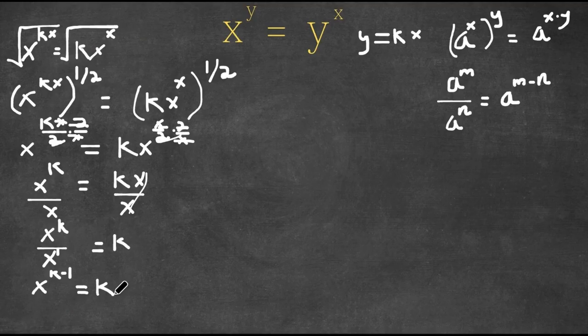Now I'm going to take the power of 1 over k minus 1 on both sides. By doing that, this would cancel out. And over here, we'd have k to the power of 1 over k minus 1.